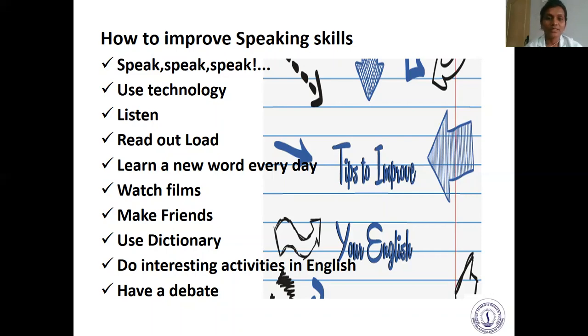The four language skills are reading, speaking, writing, and listening. And all four will improve your language.